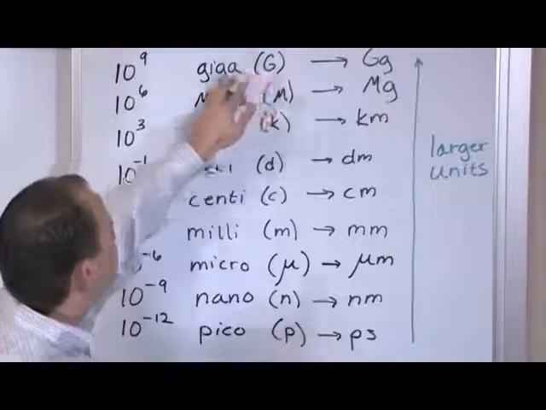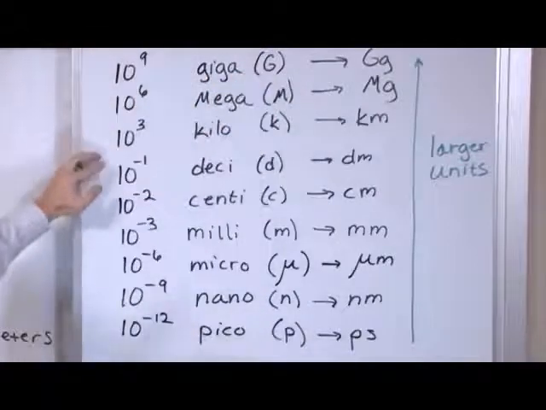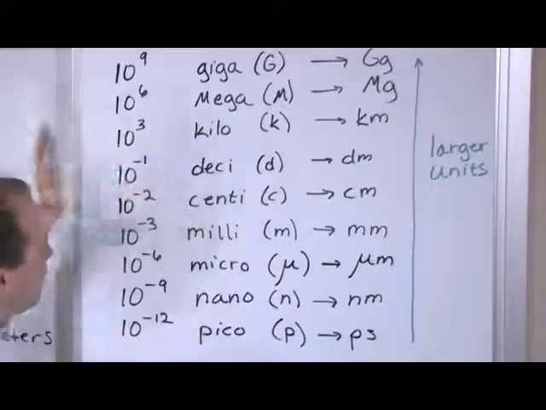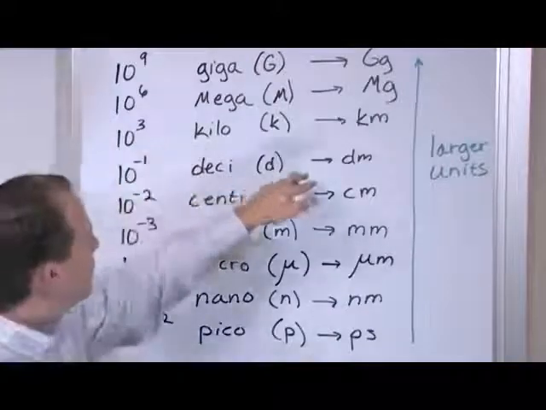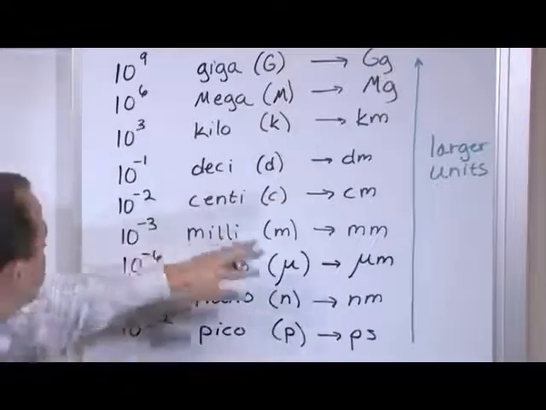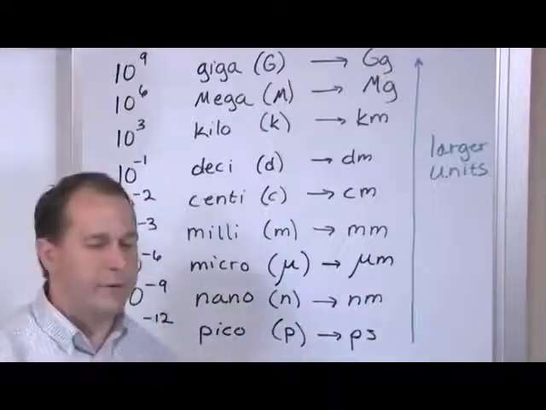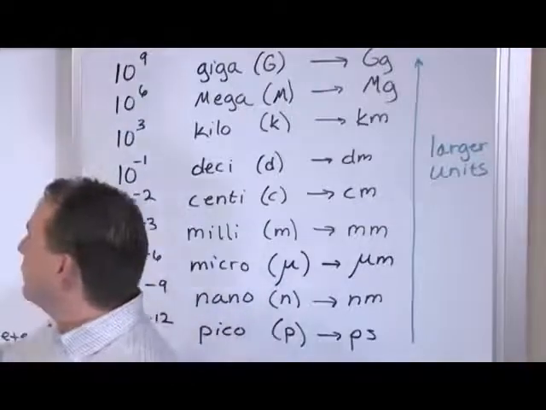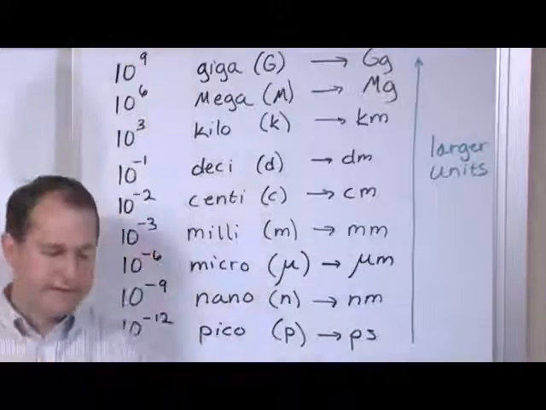Kilogram, megagram, gigagram, okay, you can do that. And then once you get smaller to smaller divisions of your base unit, you have deci, which you don't use very much, and then you have centi, centimeters, millimeters, micrometers, nanometers, picometers. But they all apply to seconds. They all apply to time, length, mass, anything in the metric system.